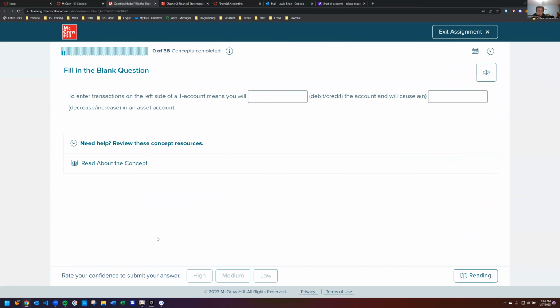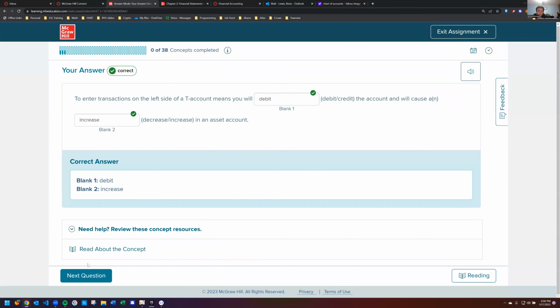Okay, let's see if we can get to the next one. To enter transactions on the left side of an account means you will debit the account and will cause an increase in an asset account. Oh, I should have read that first. So let's see what we got there.